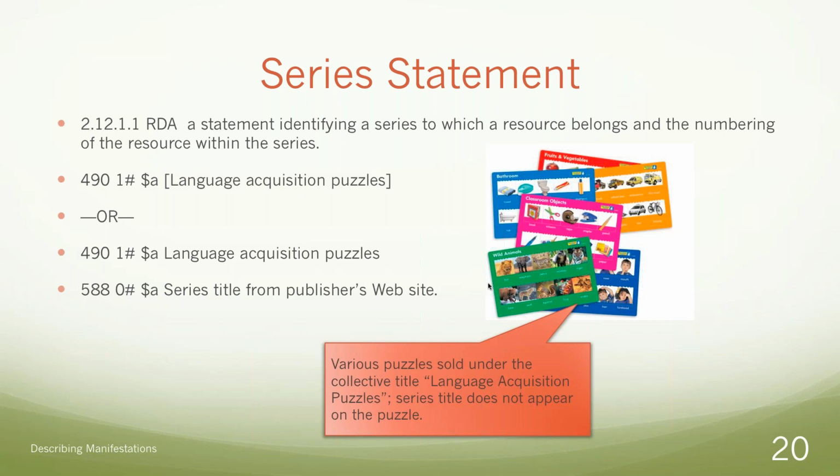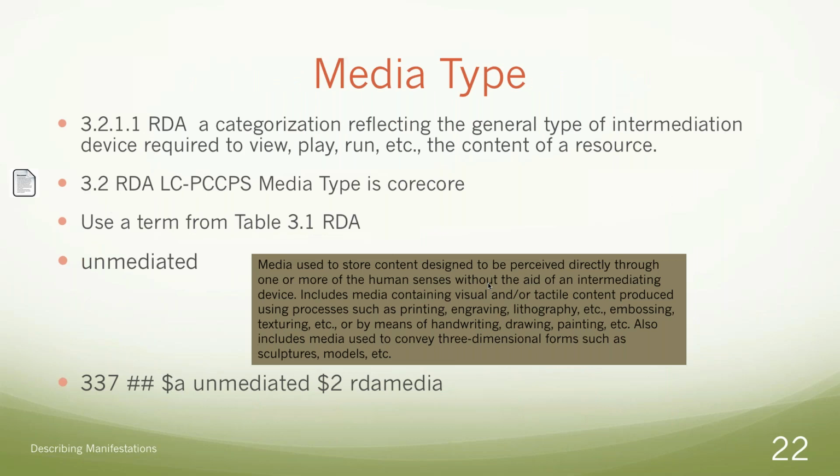If perchance the title proper for these puzzles is something that you also had to supply a note for, you could combine those source of title proper and source of series title proper notes in the same 588 field. So you don't need separate ones. You could combine them into the same one.